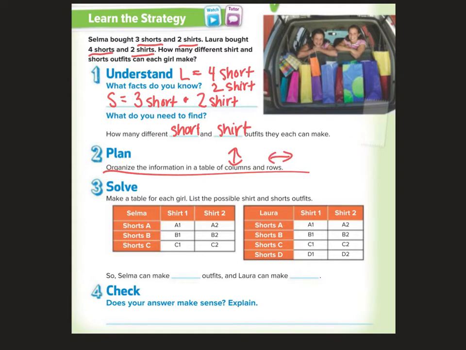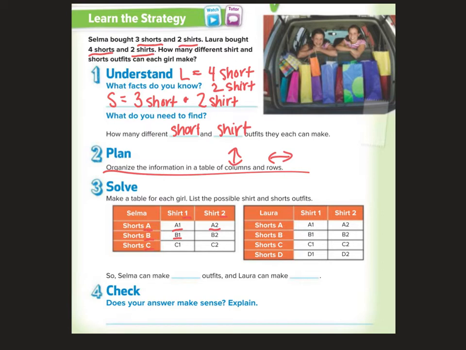So if I was going to make a table for each girl, list possible shirt and short outfits. Selma has 3 shorts, A, B, and C. So she could wear shorts A with shirt 1, A1. Shorts A with shirt 2, A2. She could wear shorts B with shirt 1, B1.